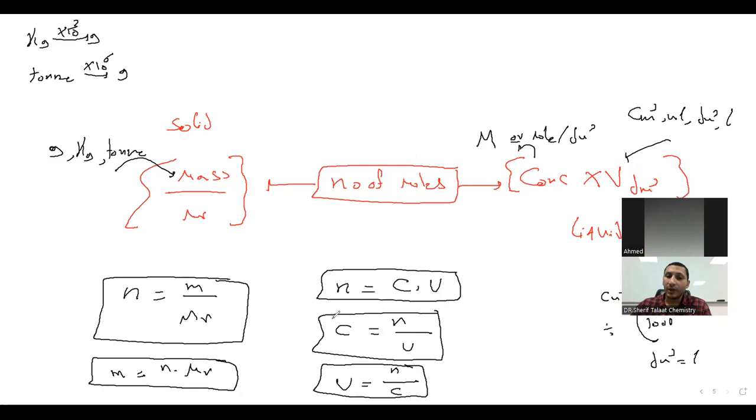To obtain concentration, number of moles over volume. To obtain volume, number of moles over concentration. To obtain mass, number of moles multiply molar mass. In case of centimeter cubed or milliliter, divide over 1000 to have decimeter cubed.